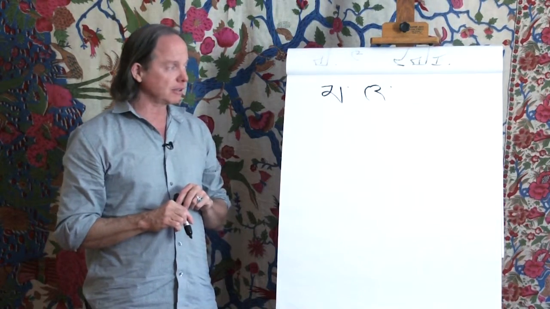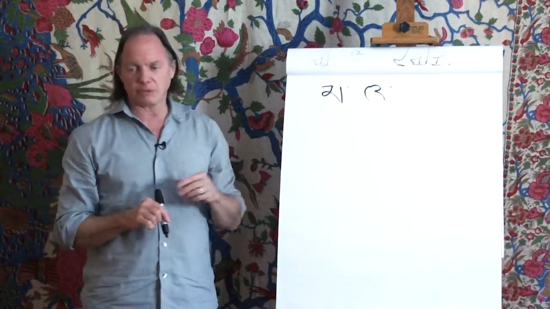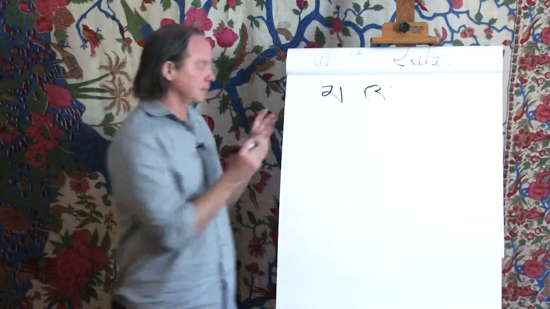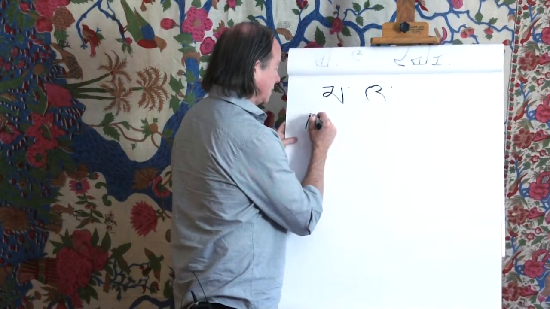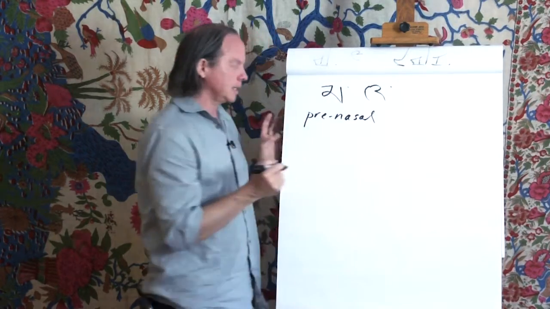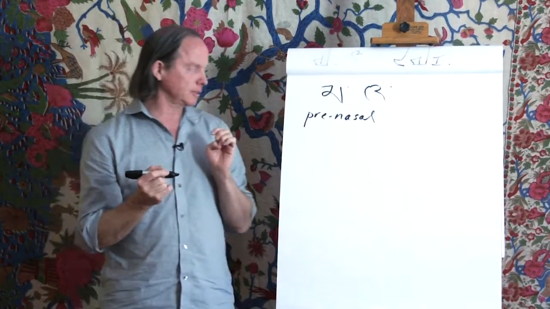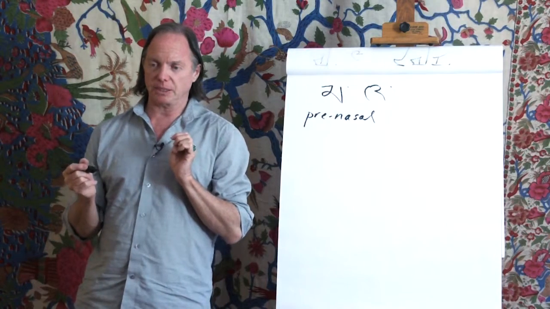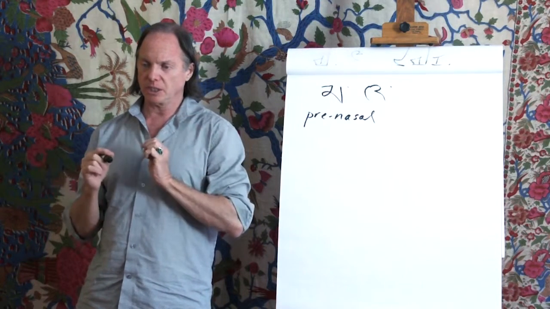On the third column, these two prefix letters have an effect that we call prenasal. And it's very important to recognize, first of all, that this prenasal effect is situation dependent. You can't say which of the four nasals it's going to be until you see the letters involved.